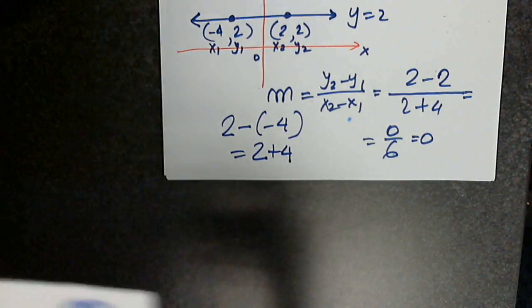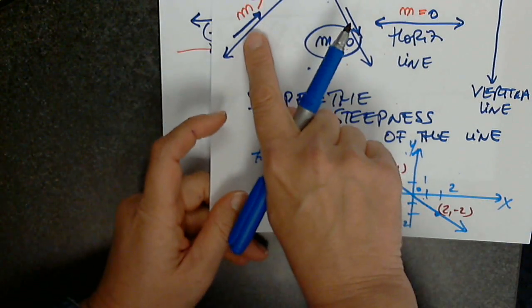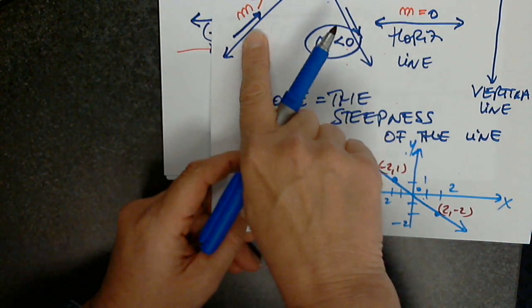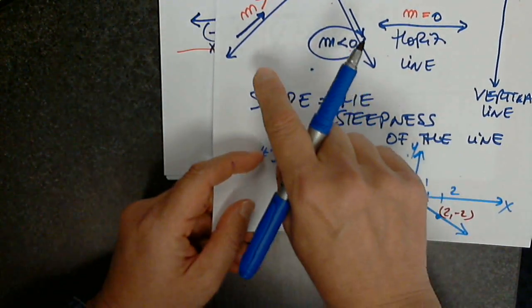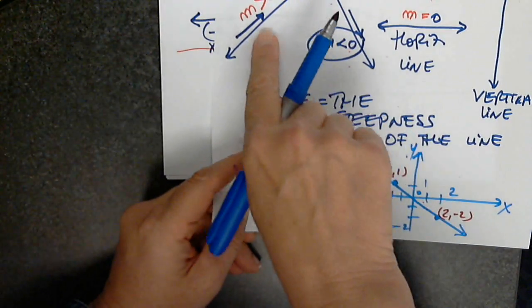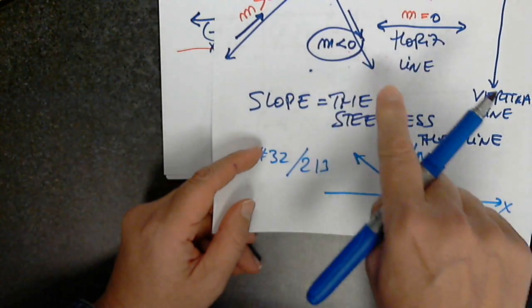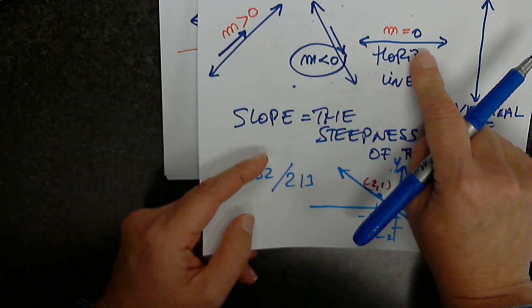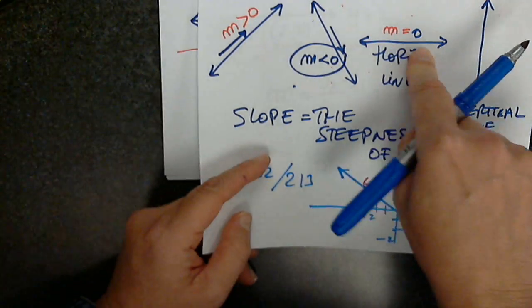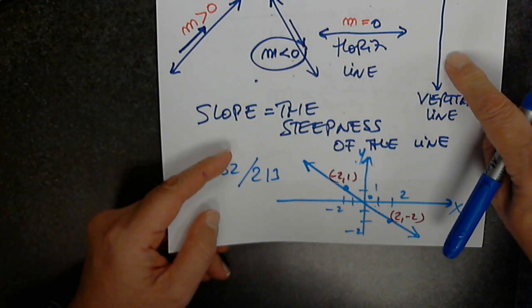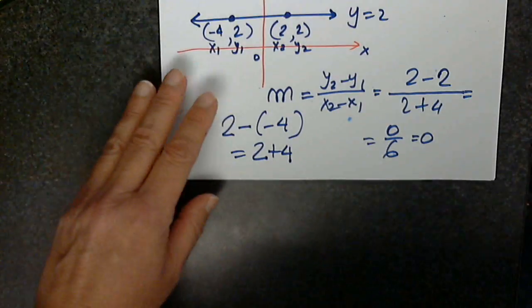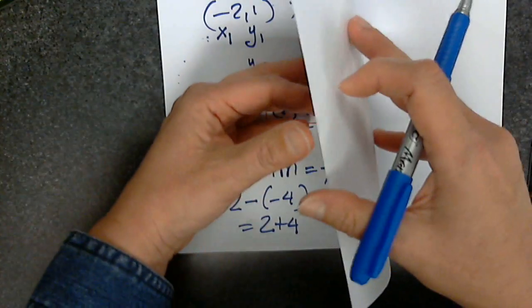Better? Got it. Perfect. So now we know we have lines with positive slope, lines with negative slope, lines with 0 slope, and now we have not discussed this yet. So let's discuss that, and then we'll come back.